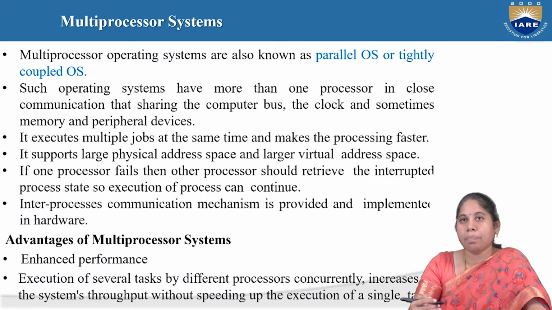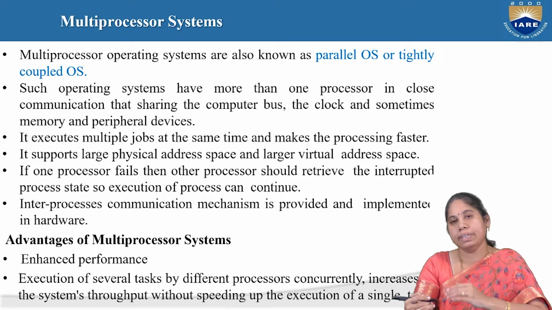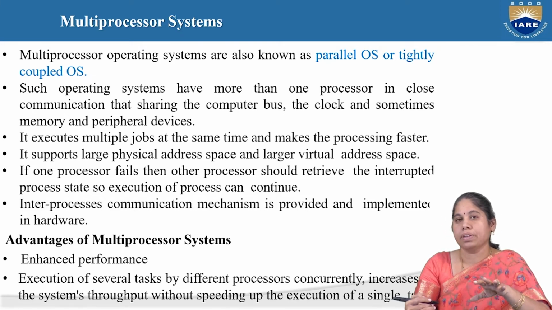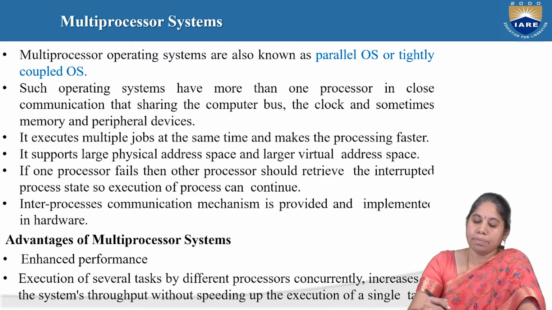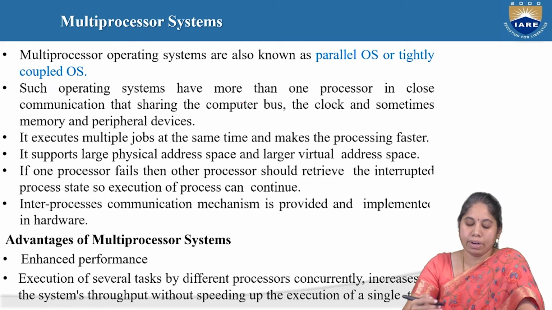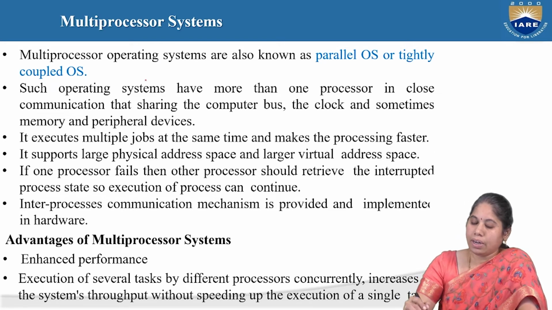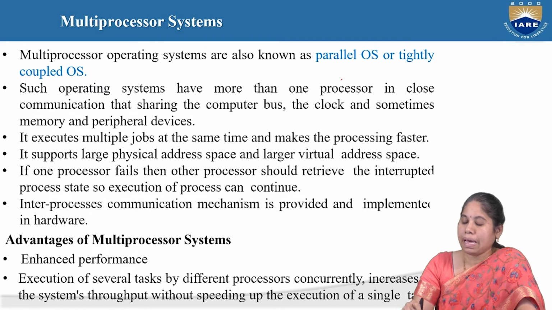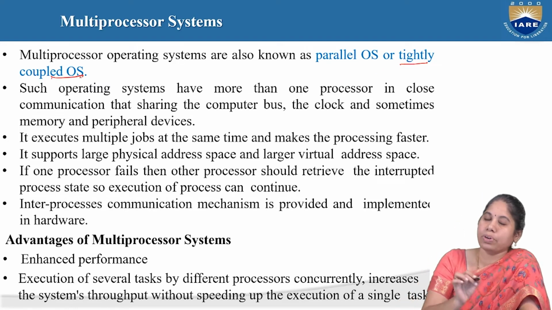So the next operating system is the multiprocessor operating system. The word itself says it: a multiprocessor operating system has more than one processor. Till now, in the earlier operating systems, a single processor resided in a single system. Now coming to the multiprocessor system, it has more than one processor, and it is also known as a parallel operating system and also called a tightly coupled OS.